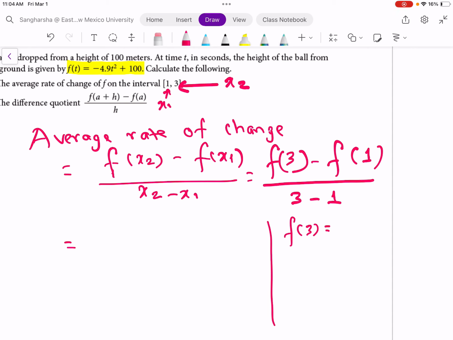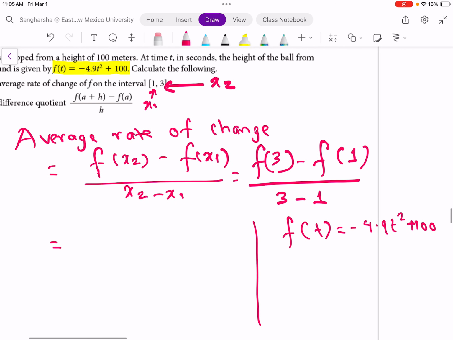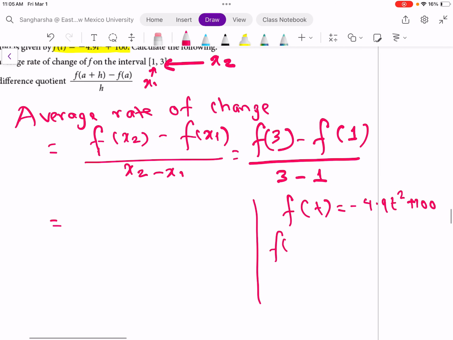Our function f of t is negative 4.9 t squared plus 100. Now we are trying to find f of 3, so we replace every t in this function by 3. So we have negative 4.9 times 3 squared plus 100.